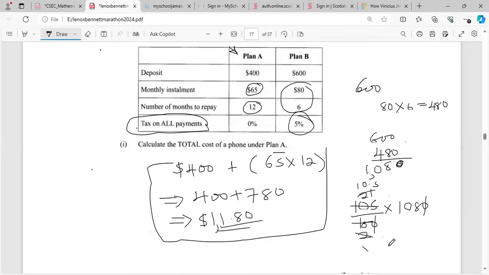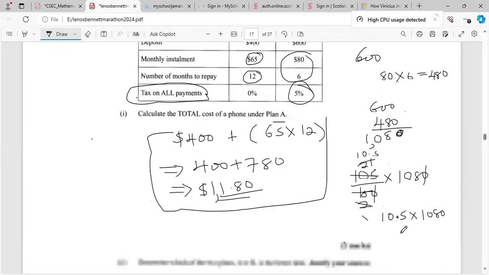So somebody multiply that for me, please: 10.5 times 108. Tell me what you get. 1,134. Alright.